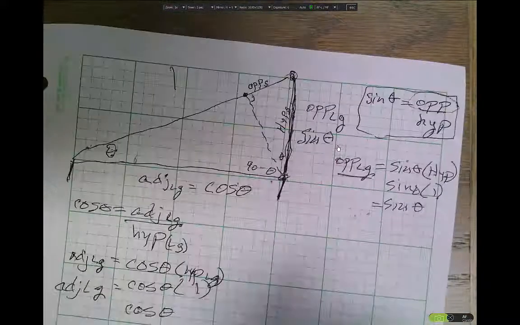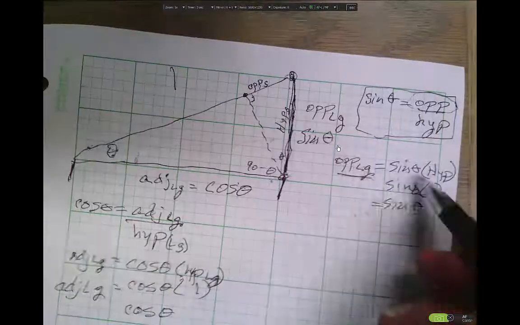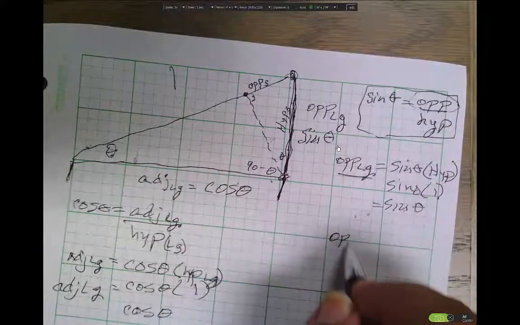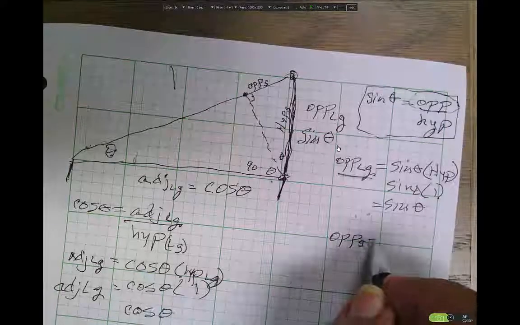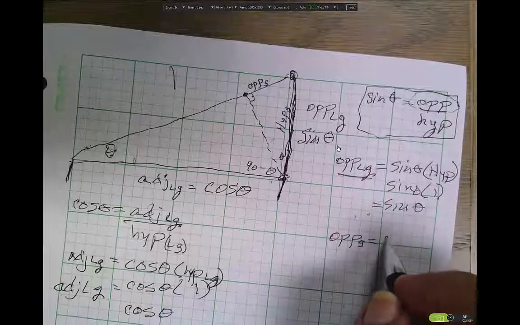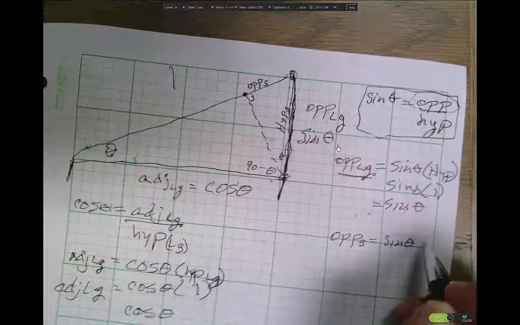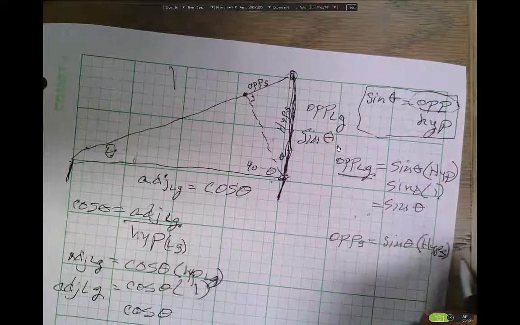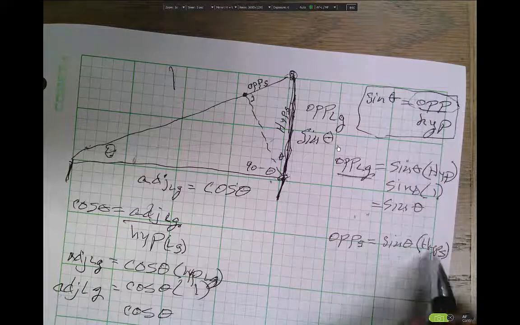Okay, so I'm going to use this equation again. So opposite sub small can be calculated by sine of theta times the hypotenuse sub small. So let's just fill in the value here.